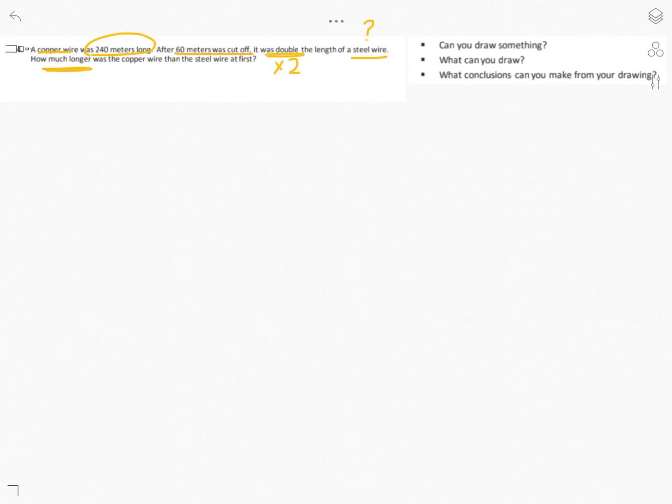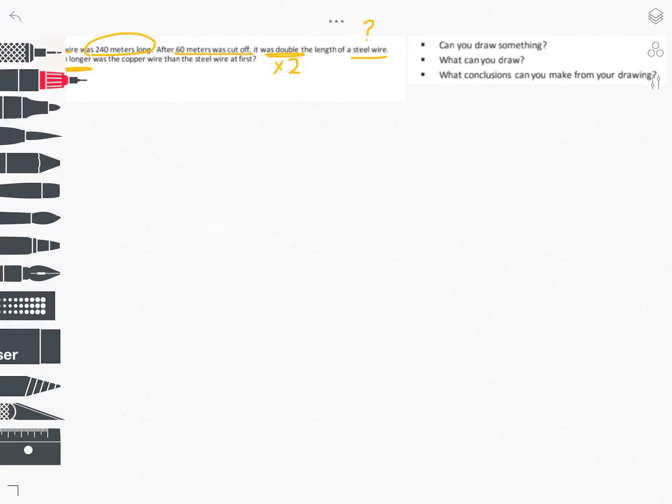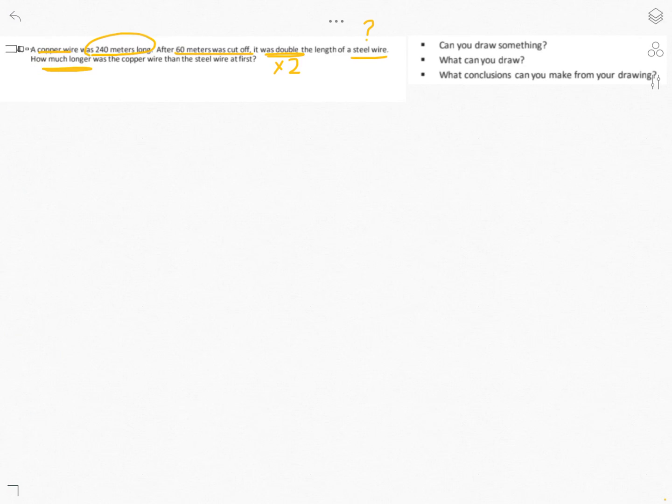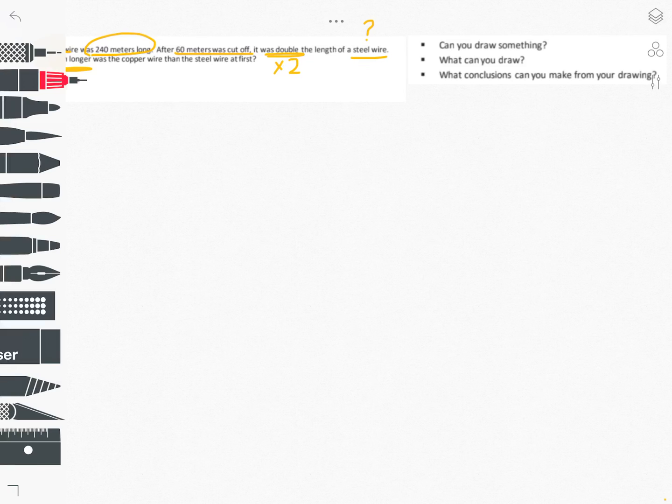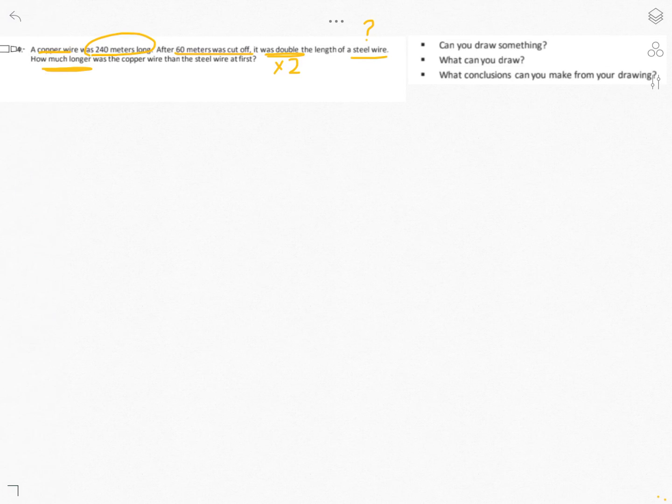Now, if I look at my questions over here on the right-hand side, it says, can I draw something? Well, I know what I've got to draw. I've got to draw a tape diagram. So let me switch my colors here really quick. All right, we might be hanging out here in yellow.